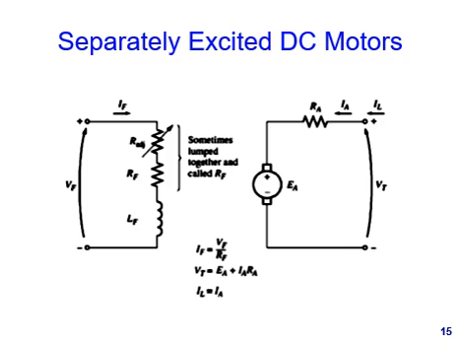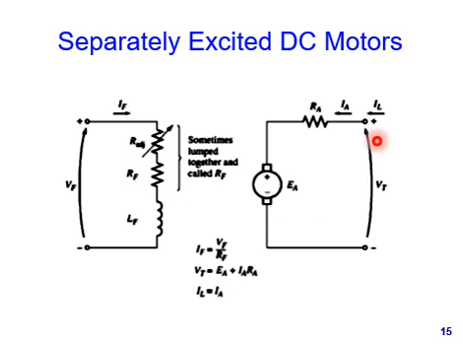First of all, we talk about the separately excited DC motors. In separately excited DC motors, we know that we have two circuits, and we can find that IF on the left circuit, the current, would be equal to VF, this voltage, over RF, this resistance.